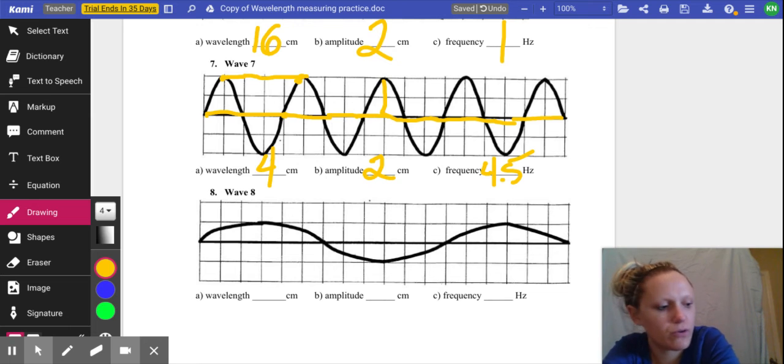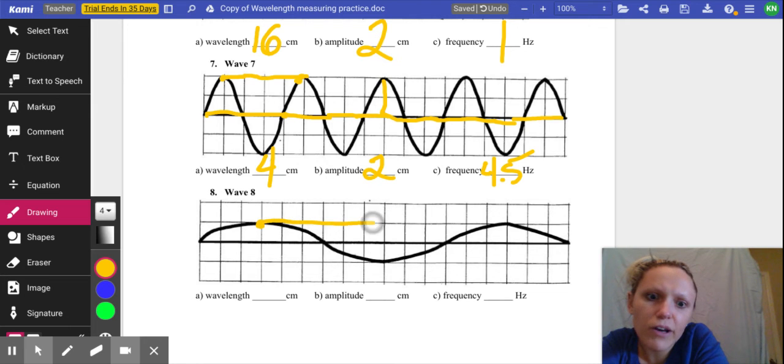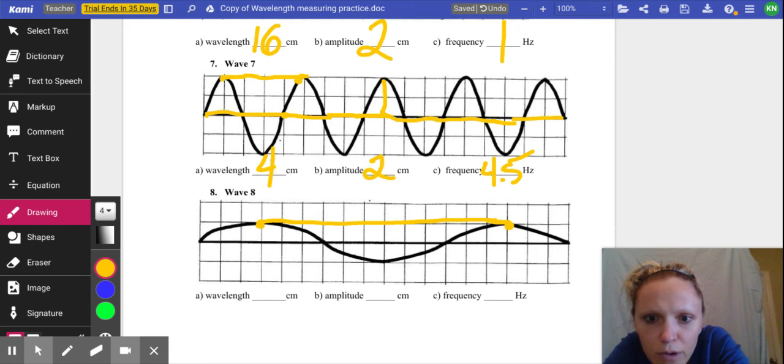So here we go. So I'm looking at my peak. And I'm finding my next peak. So it's going to be right around here. I'm going to count. So 12 centimeters. Okay.